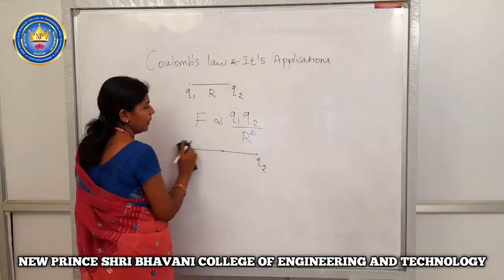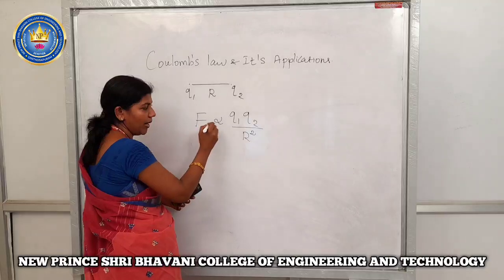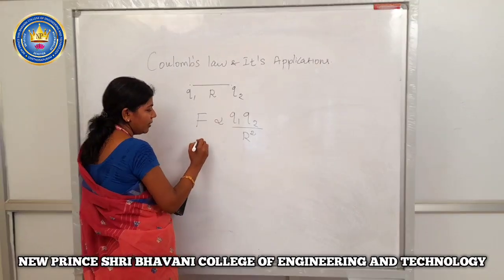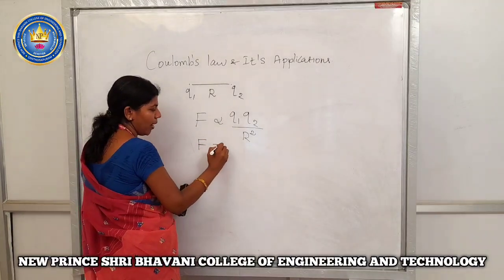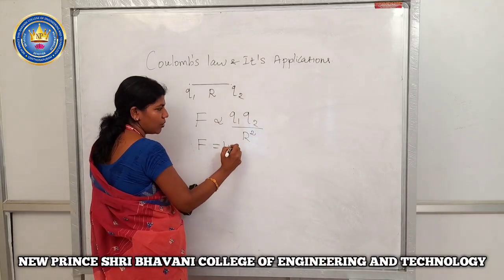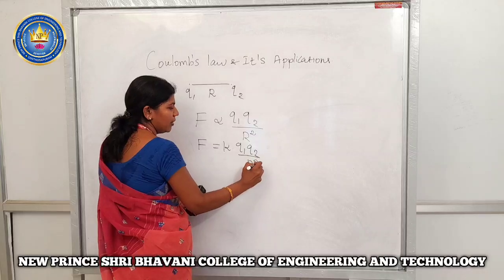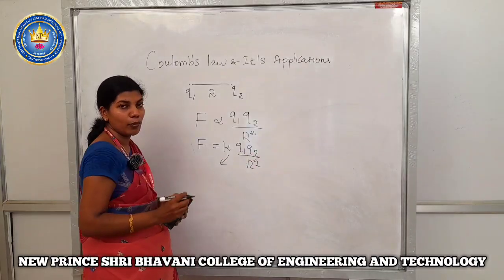Now, if we want to make it an equality, we have to add a constant of proportionality, then this equation becomes F equals K into Q1 Q2 divided by r square. K represents the constant of proportionality.